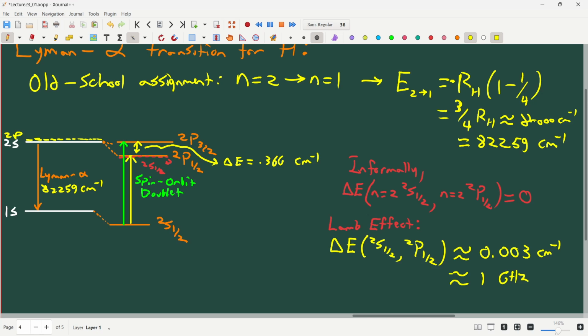So why don't we see a triplet here for the Lyman alpha? Or rather a very closely spaced doublet and then another line that's a little further away. Why is it not a triplet? So you may be able to rationalize this a little bit. The intensity of a transition has to do with an integral of the wave function of the lower state times the wave function of the upper state times the dipole.